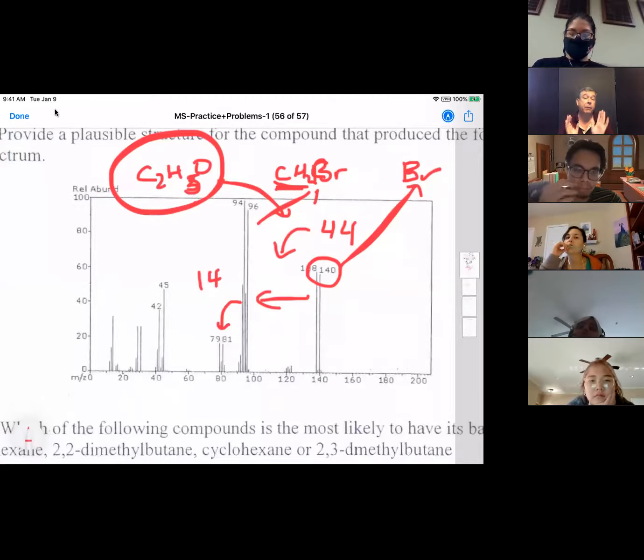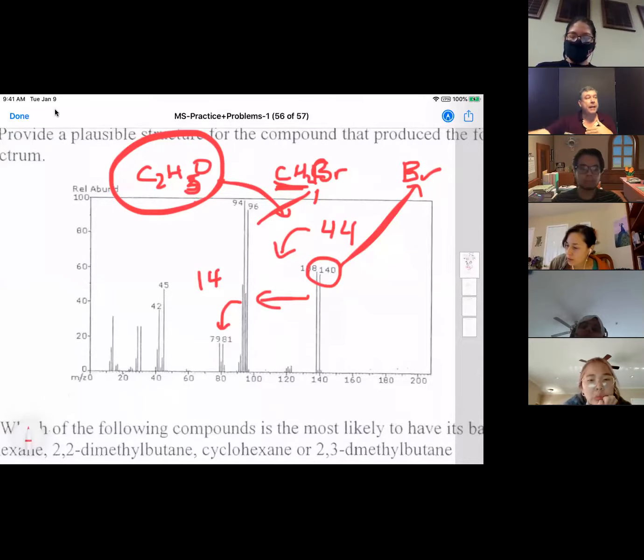Now, what would be really helpful is to look at an IR, because if we looked at an IR, we would see that we have an alcohol, or we would see we have a ketone. And so we can eliminate a couple different choices at that point. Once we get to adding IR to this, we're going to get more and more complex. But you see where each piece of information came from.